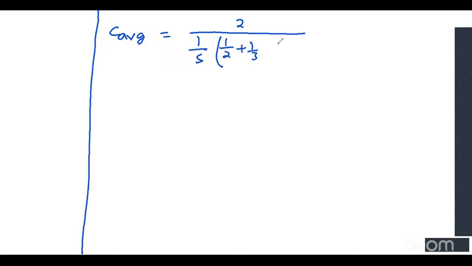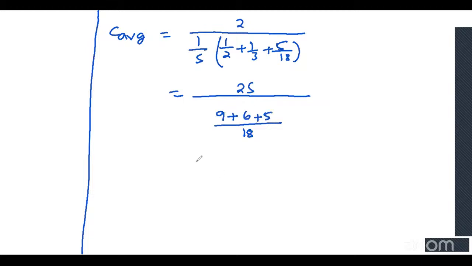Take the LCM, that is 18. So it is 2S by 18 times 9 plus 6 plus 5, which is 36S by 20. So V average equals 1.8S.